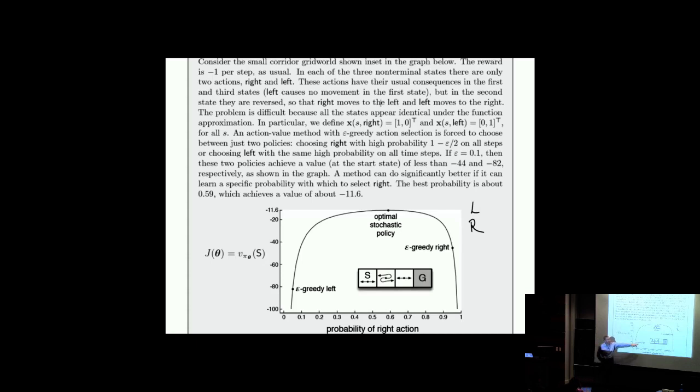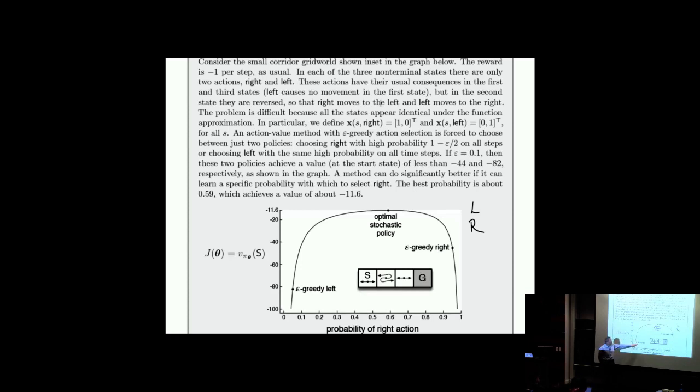And of course, the idea of epsilon greedy policies is to add some randomness into the actions so that eventually you will escape this otherwise unending banging your head against the wall or looping.